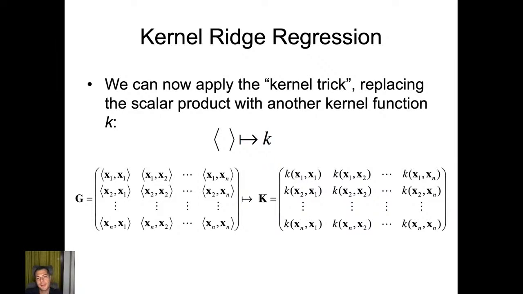The scalar product is actually a similarity function between pairs of data points. Similarity function means that a higher value means that the two examples are more similar, and a smaller value means that the two examples are different from each other.